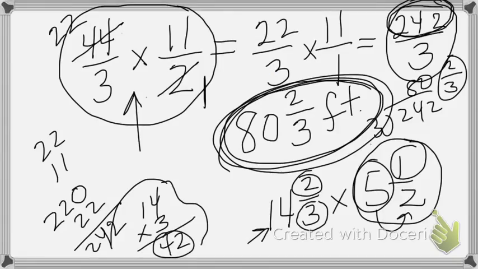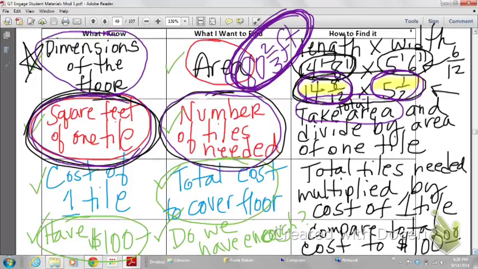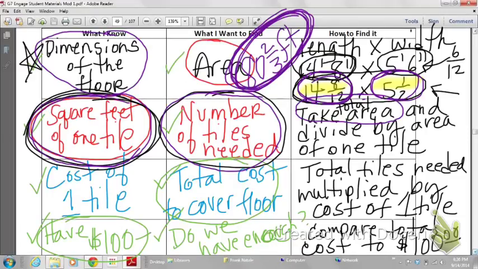So let's erase all this. We've done all that. We have 80 and 2 thirds feet divided by 4 and 2 thirds. Actually, this is feet squared. We've got to remember that now. Did I write that over here? This should be squared.